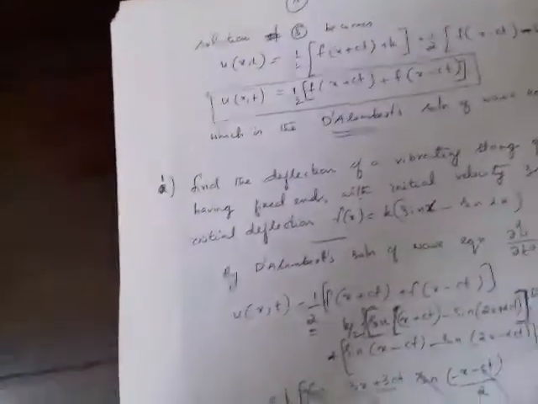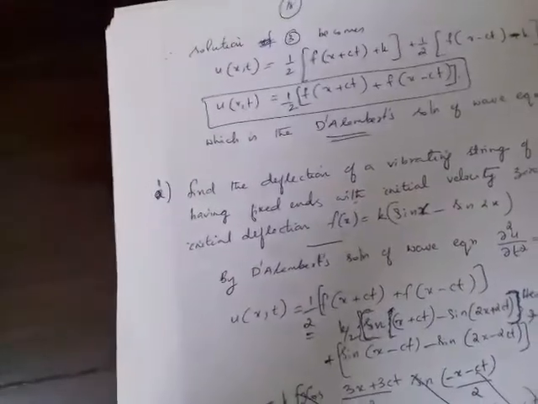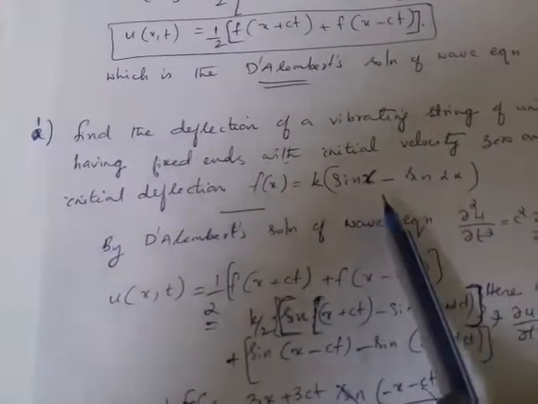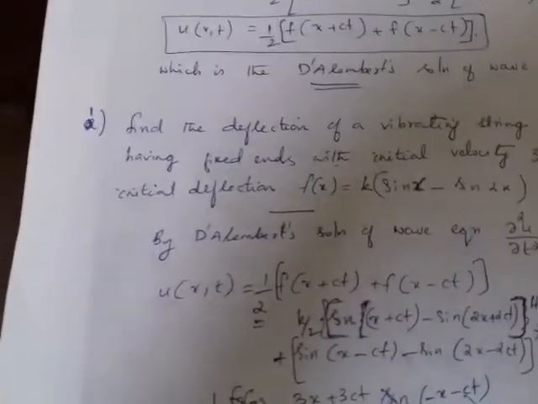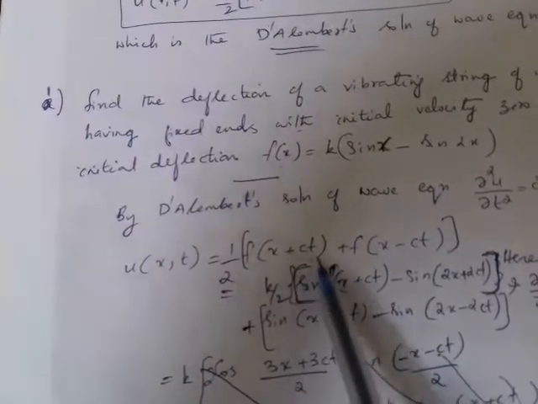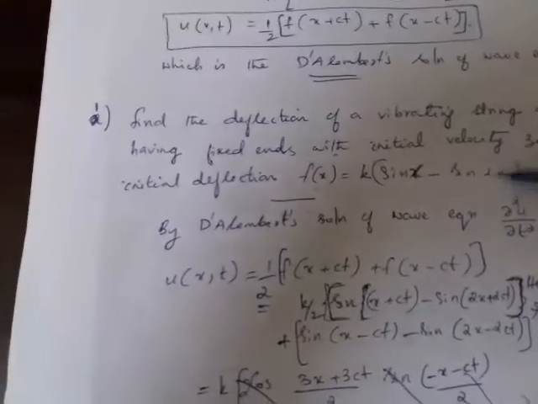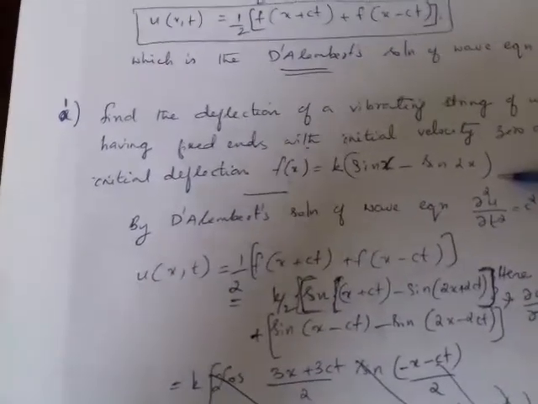Okay. So for this problem, find the deflection of a vibrating string of unit length having fixed ends with initial velocity 0. So we can apply D'Alembert's method. Initial deflection is given by k into (sin x minus sin 2x). So the D'Alembert solution is half of f(x+ct) plus f(x−ct). Here f(x) is k(sin x − sin 2x).